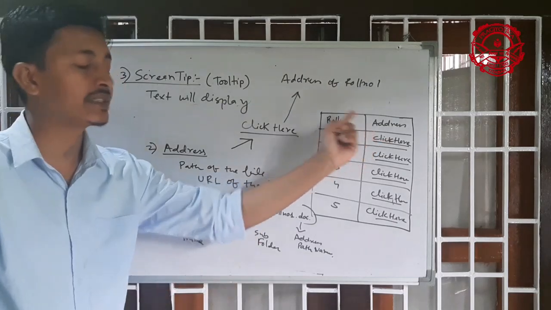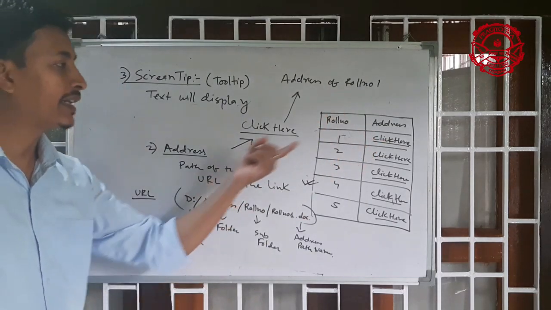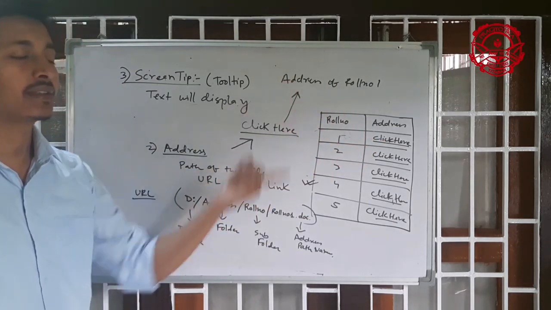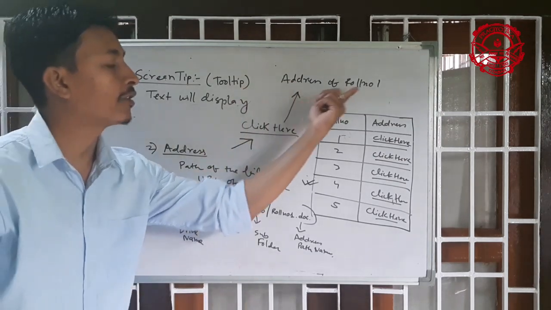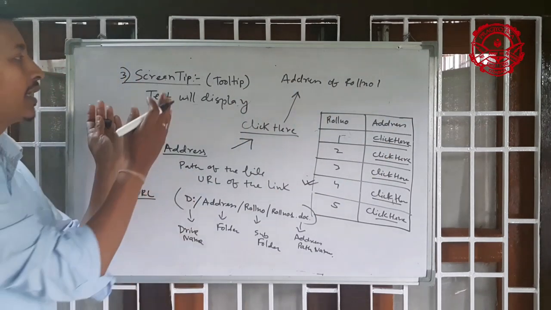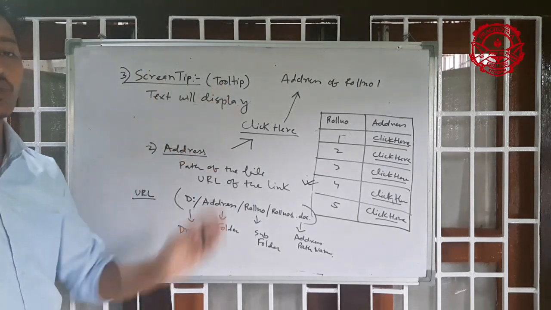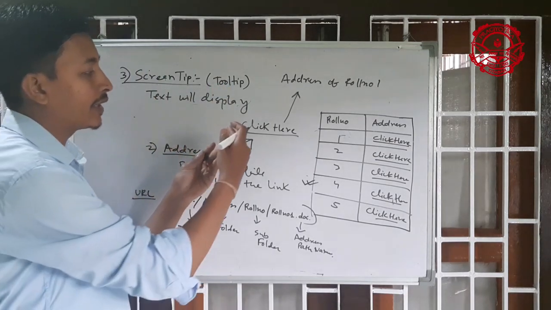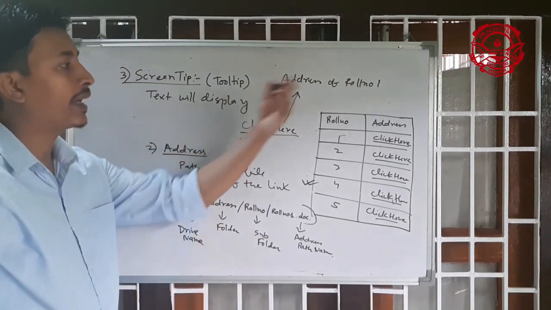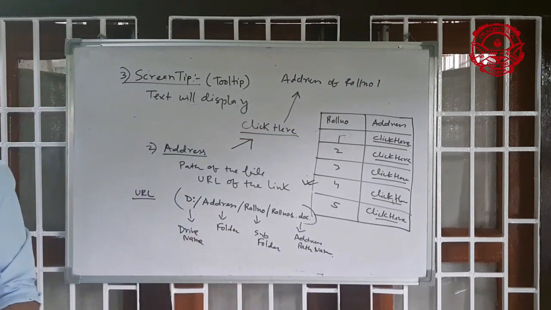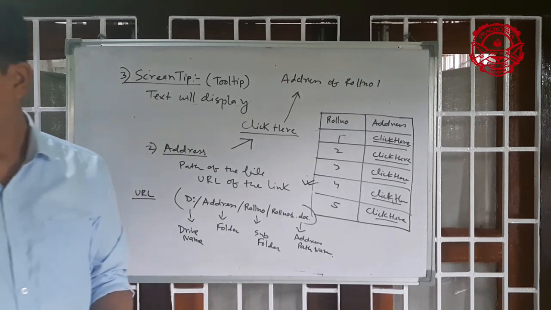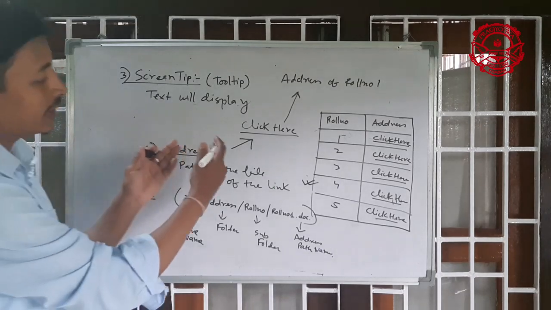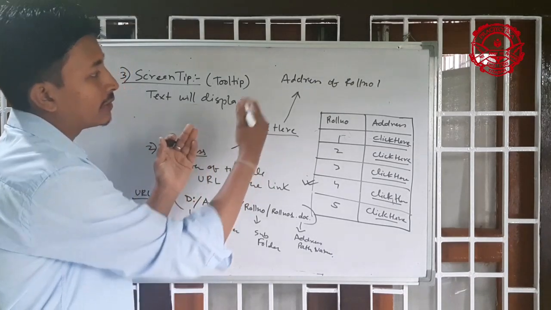That's what these things actually are. If I click here, then what will I get? I will get the address of roll number 1. So this is the screen tip, or you can say tool tip. When your mouse pointer hovers over the link, it will display a text.